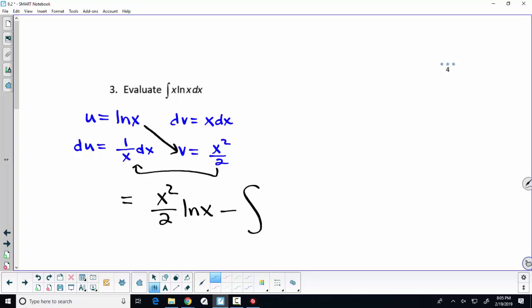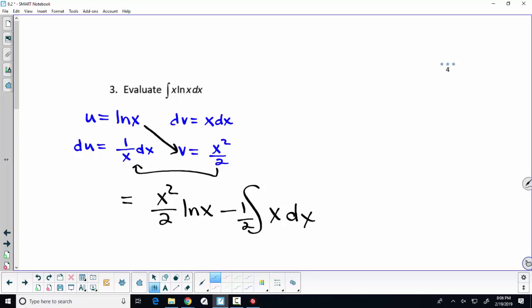Let's simplify that before we plug that in. We have x squared over 2 times 1 over x, so we have x over 2. We'll put that 1/2 out here, so that's our x over 2 dx.